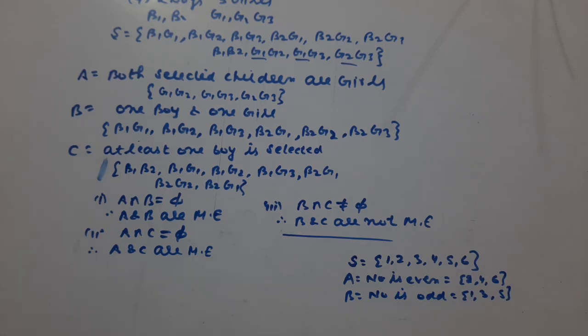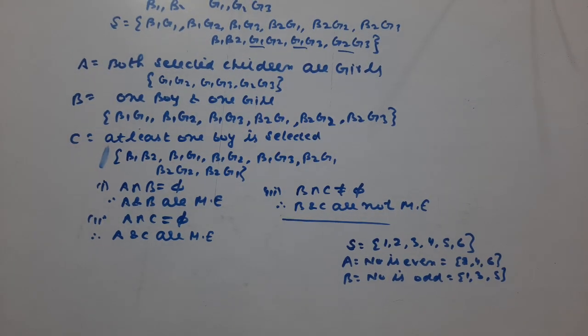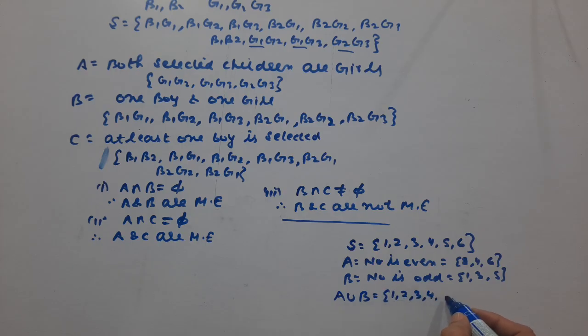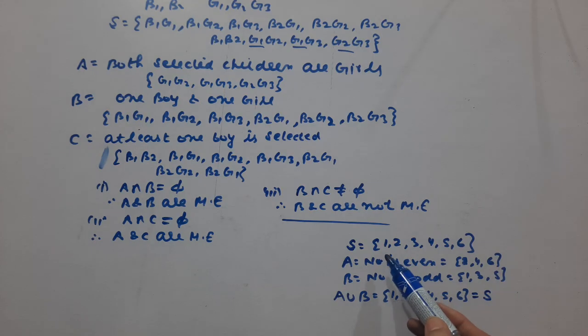Now the question is whether events A and B are exhaustive events. So what we do is find A union B. In A the numbers are 2, 4, 6, and in B we have 1, 3, 5. When I find the union, we get 1, 2, 3, 4, 5, 6, and this is equal to the sample space, because in the sample space we have 1, 2, 3, 4, 5, 6.